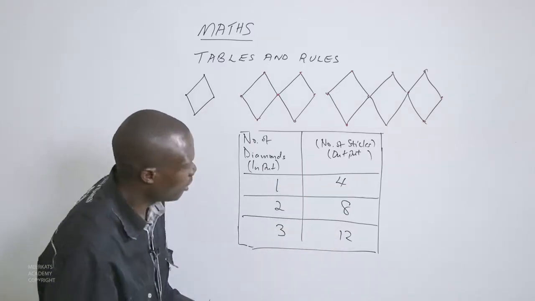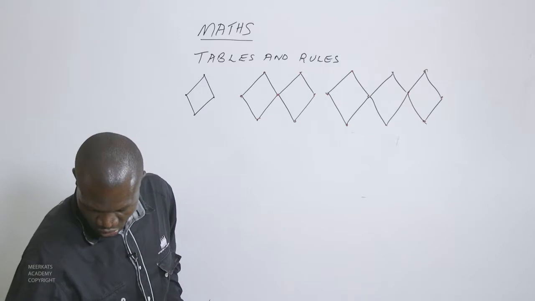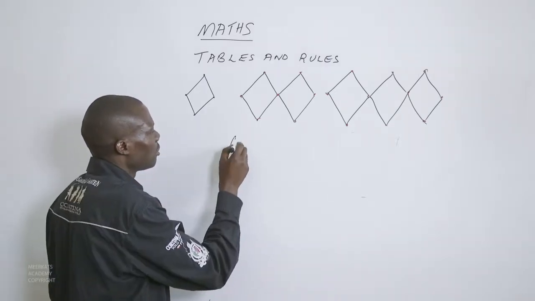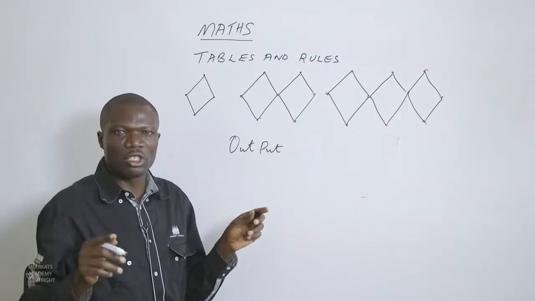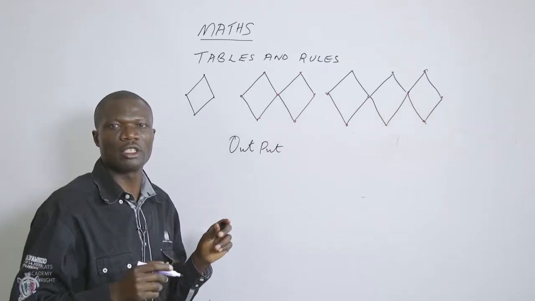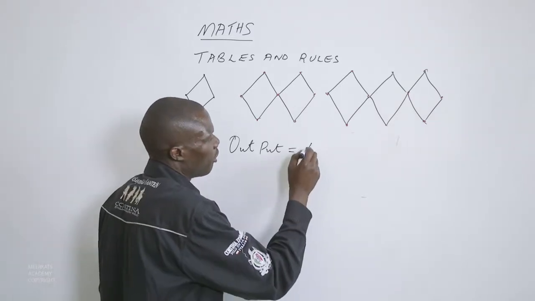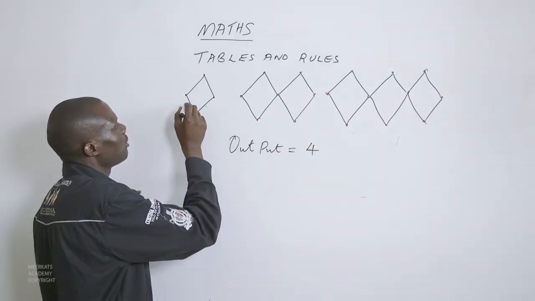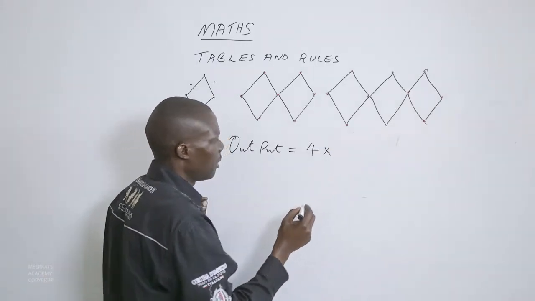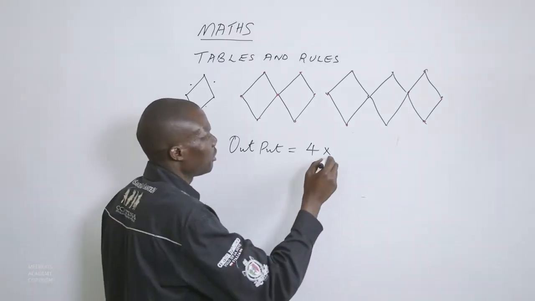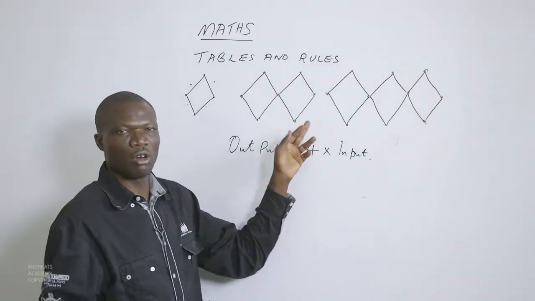So we can say that output, the total number of sticks that makes the diamonds, is equal to 4, the number of sticks that made 1 diamond, multiplied by the input, which in this case is the number of diamonds.